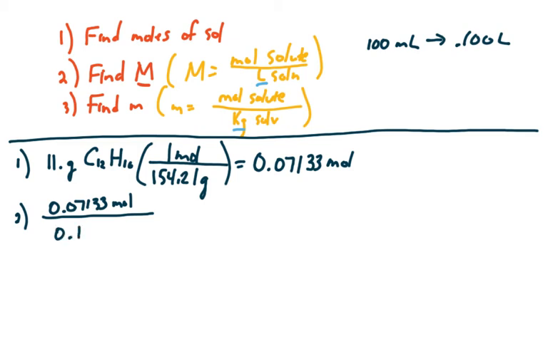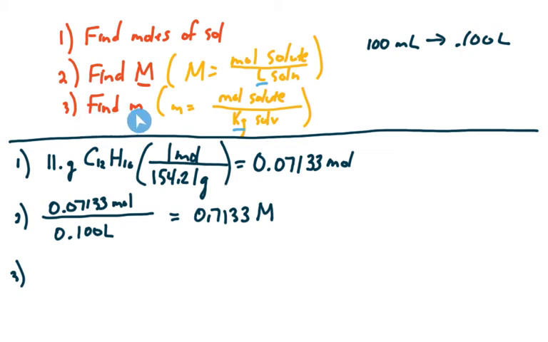So if I take that and divide it by 0.1, I get 0.7133 molar. Okay, so this is the unit of molarity. The units of molarity is moles per liter, and the way I would say this is I have a 0.7133 molar solution.